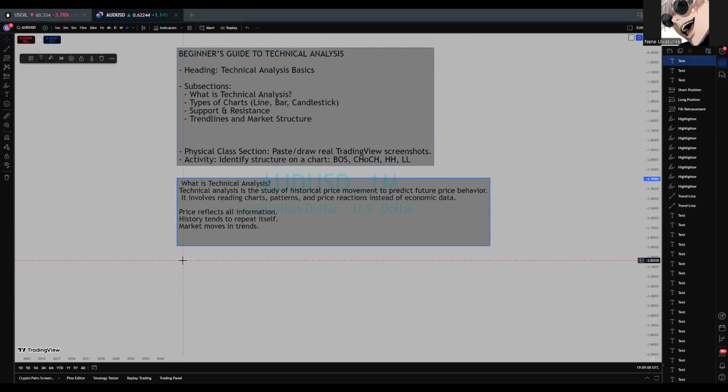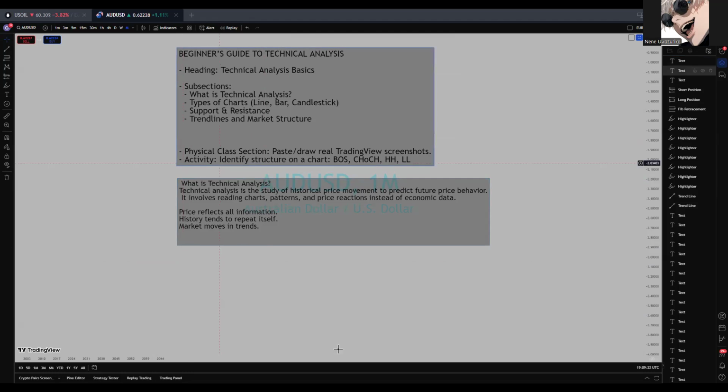Price must have sung a song in the previous time, and now you're following the lyrics, looking for hesitation points and places where price reacts to, to understand or to create new lyrics for the song. That's as simple as it is for technical analysis and price action.